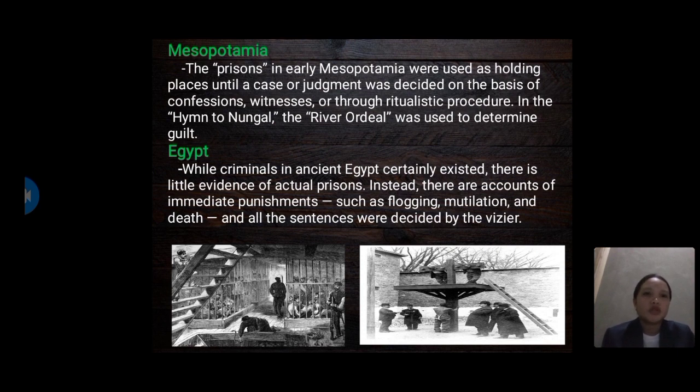In Egypt, while criminals in ancient Egypt certainly existed, there is little evidence of actual prisons. Instead, there are accounts of immediate punishment such as flogging, mutilation, and death, and all sentences were decided by the vizier.